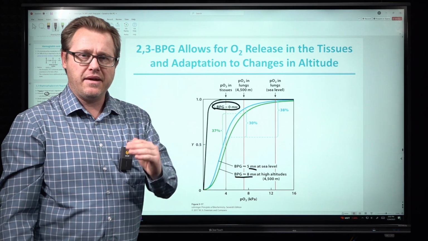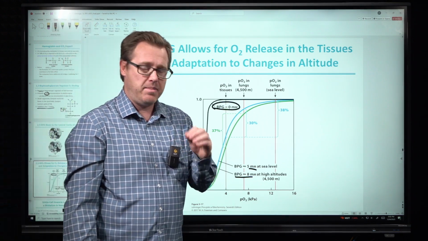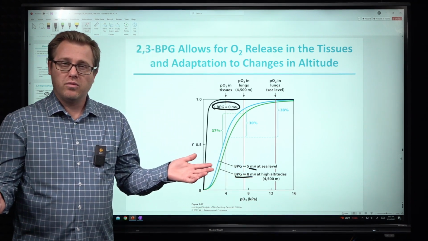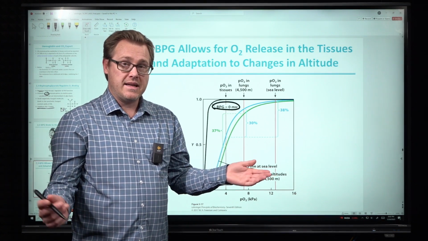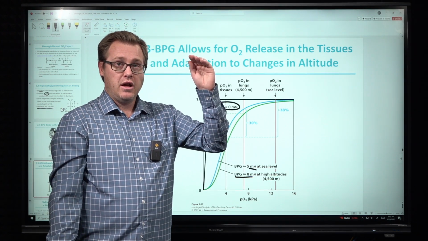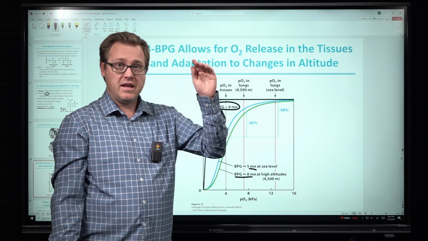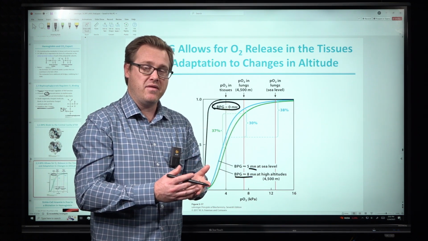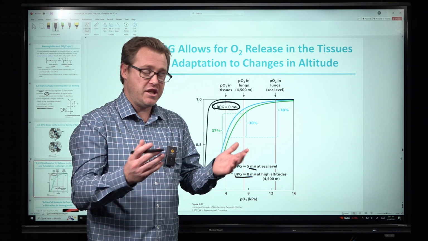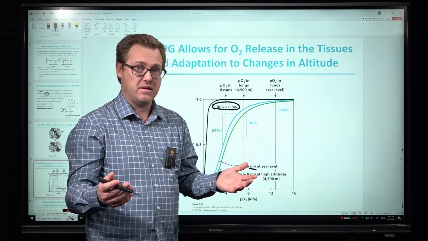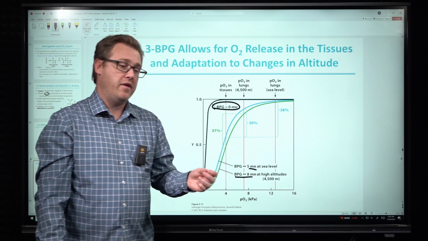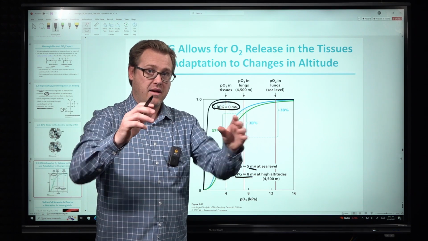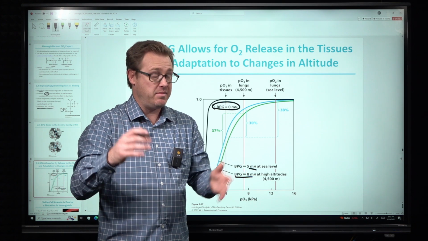Why do you need different amounts of BPG at different altitudes? The reason is because at different altitudes, your hemoglobin needs to be able to release the same amount of oxygen. Your tissues need X amount of oxygen, all right? And so if you're at low altitude versus high altitude, that output of oxygen that's being released to the tissues has to be relatively the same.